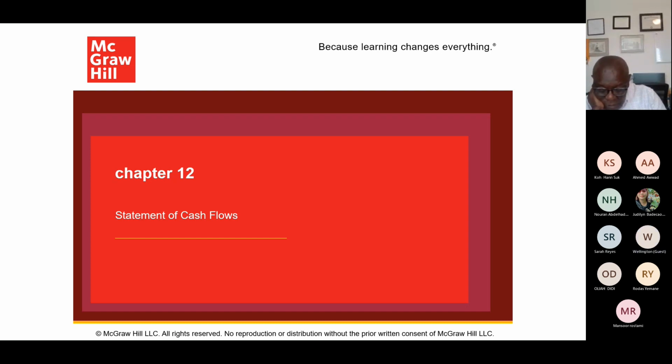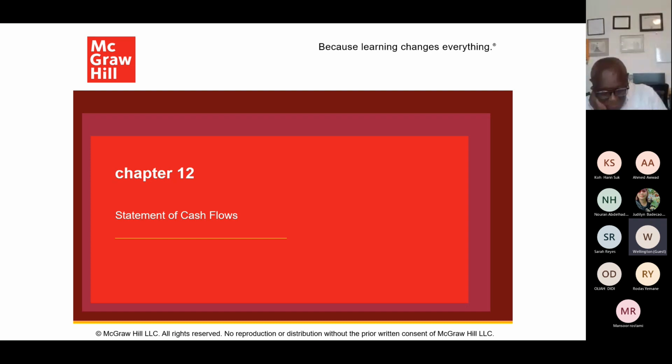Then account receivable increase, subtract 21,400. Prepaid insurance decrease, add 7,700.